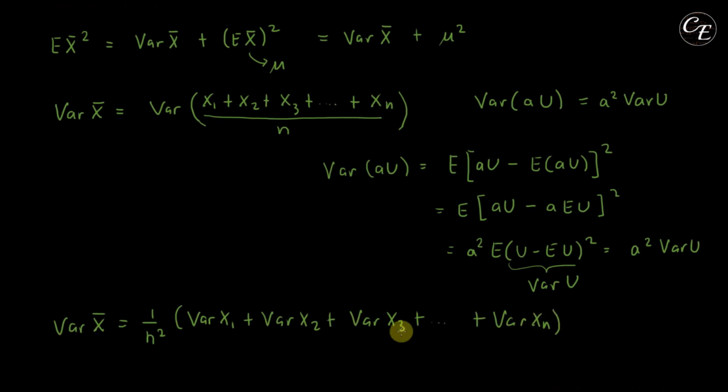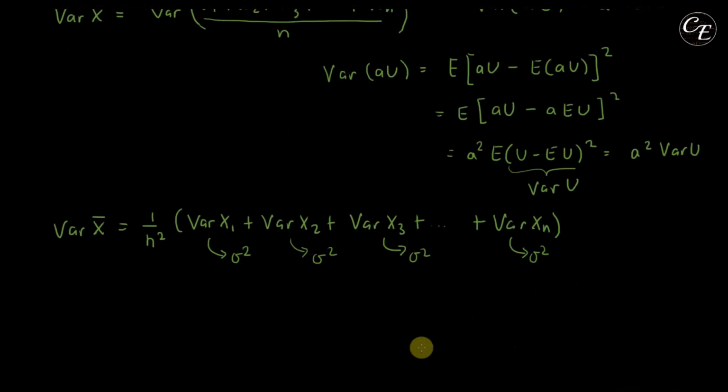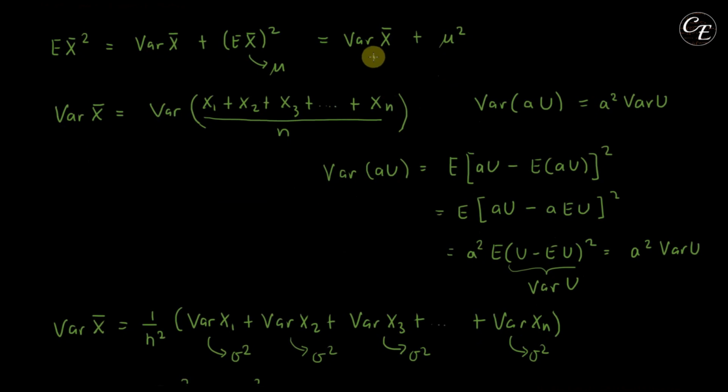Now this variance of x sub 1 is a population variance, and we have already designated its value, which is sigma squared. So they are sigma squared, and we have n sigma squared here. So we have n times sigma squared over n squared. We can cancel out this n squared, and we're left with sigma squared over n.